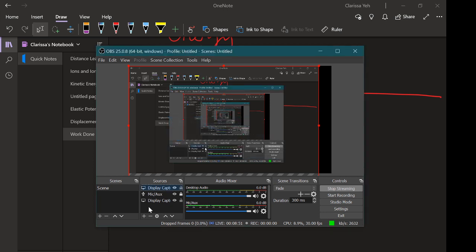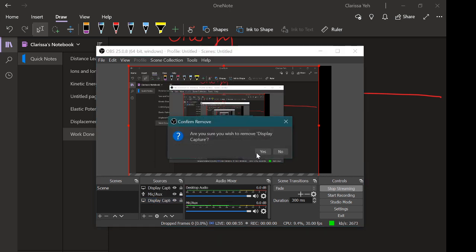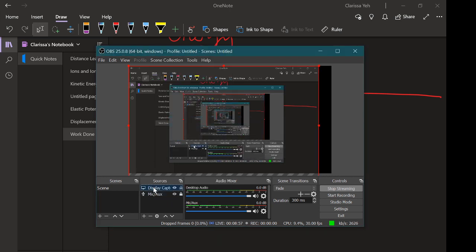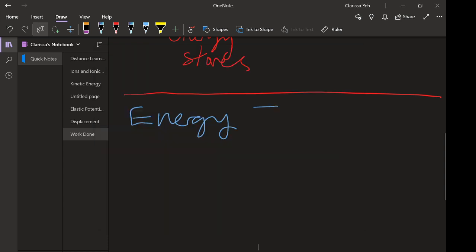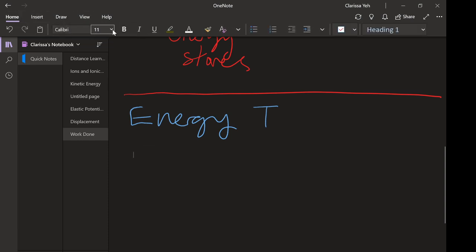Sorry, I'm just going to try to change the display capture so it stops, because it was working earlier and then it just stopped. Okay. Right, I'm going to have to bite the bullet and type it out. Let's do a bigger font.